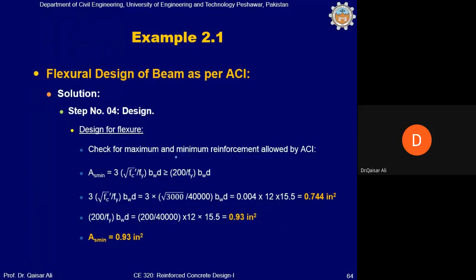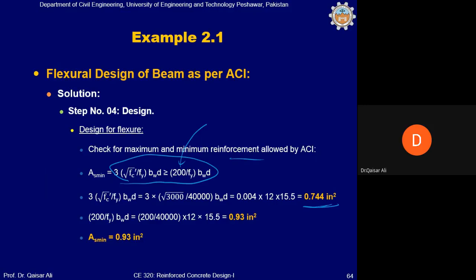Now check for maximum and minimum reinforcement. Minimum reinforcement is the greater of these two values, and I told you that this will mostly give you the greater value. So it is coming 0.744 inch square.